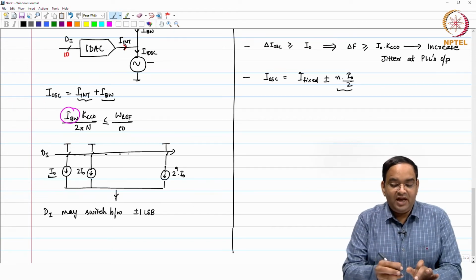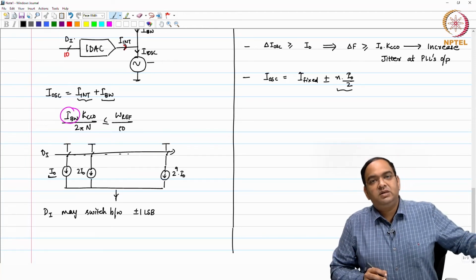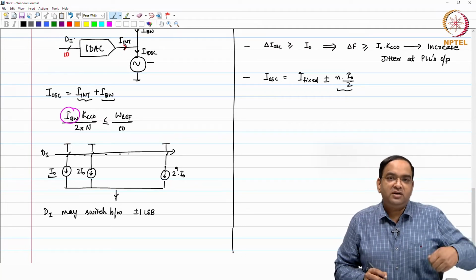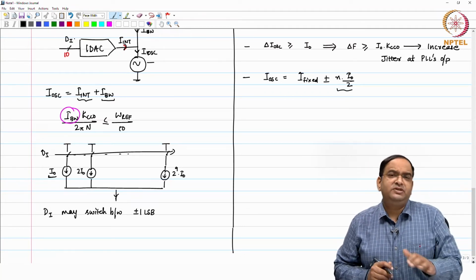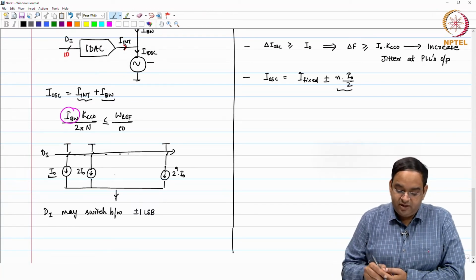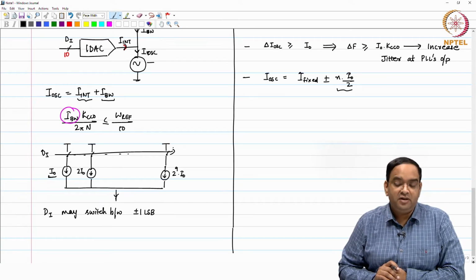The way I have told you, I am having 10 bits, but actually the bits which are coming from your integral path are many more, because you are integrating it. If you are having 10 bits and you are implementing in this manner, that is the max which you can do.